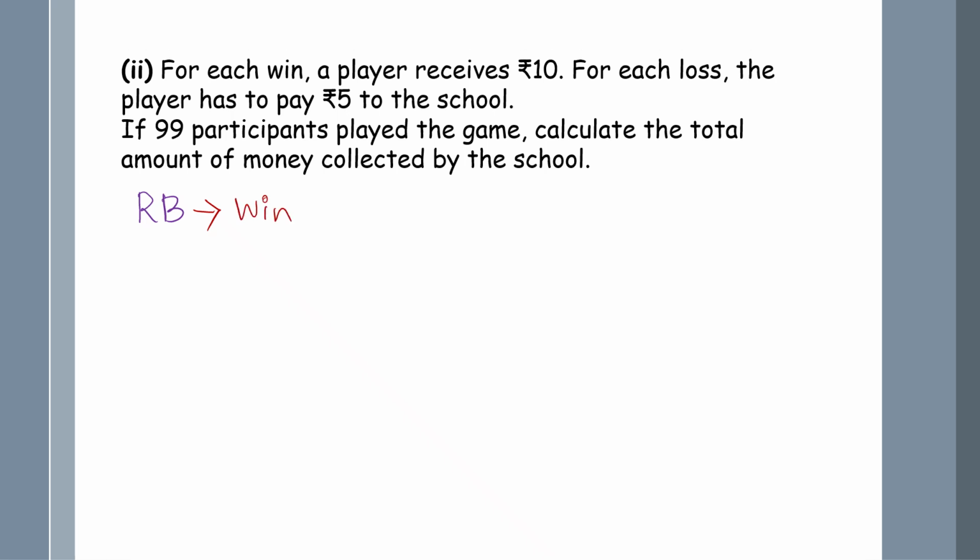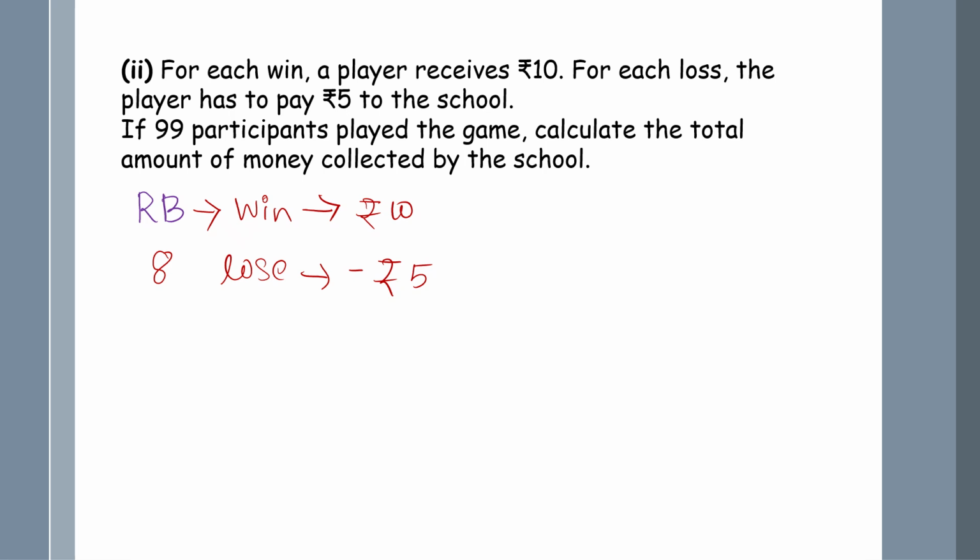If he or she wins, the school will award them ₹10. But if they lose, that is, when they get any of the other 8 outcomes apart from RB, they will be declared a loss and have to pay ₹5 to the school.